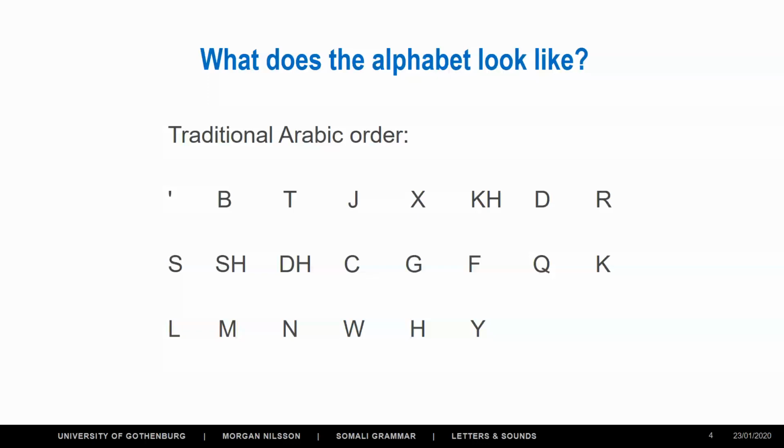And in the Arabic alphabet, there are only consonants. And that is why in this traditional Somali alphabet, the vowels are added at the end of the alphabet.